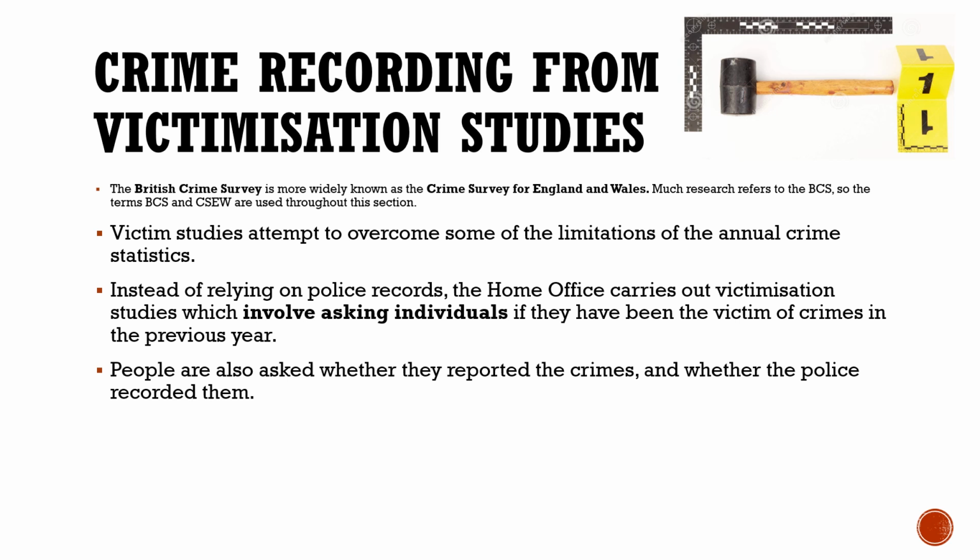So the Home Office does carry out an awful lot of the victim studies. They ask individuals, gathering a stratified sample wherever possible, but again, we talked about sampling issues last lesson, and it may be disproportionately skewed. So if you get a representative sample of the population, that may not be a representative sample of victims.